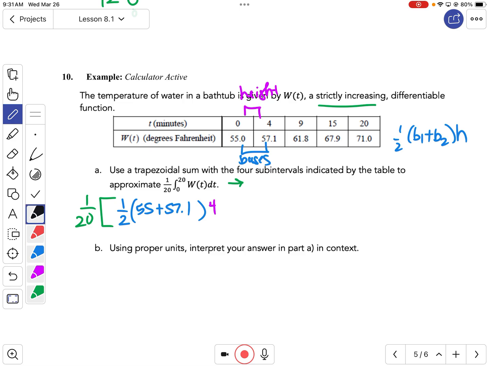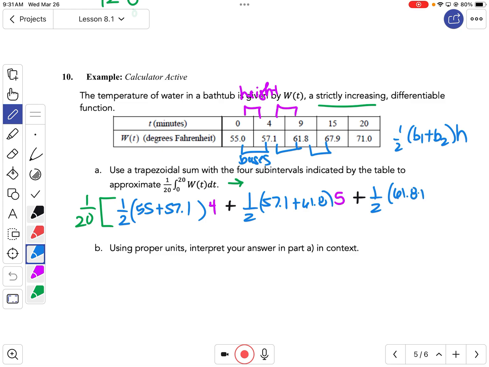Then we go to the second trapezoid. We're going to do this 4 times. 1/2, my bases, 57.1 plus 61.8. What's the height of that one? 5. Plus, do it again, 1/2. Bases 61.8 plus 67.9.